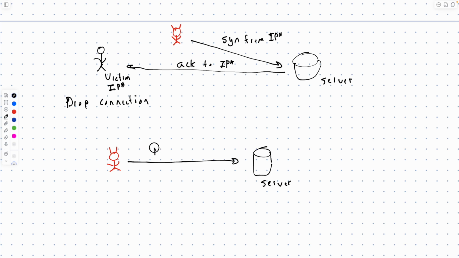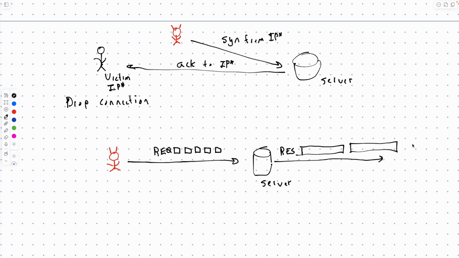Okay, so I send a request, and they're really small requests. And then what the server will do is send a response. But the response for each request is bigger than the request. And it's going to hammer Alice with this.